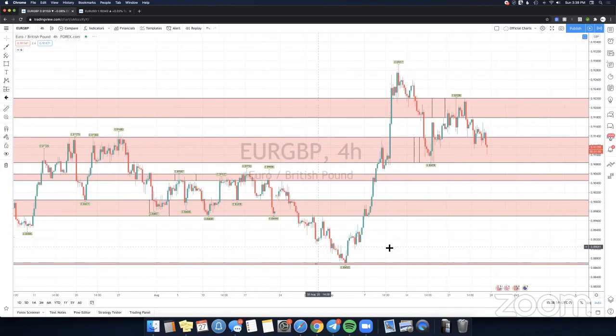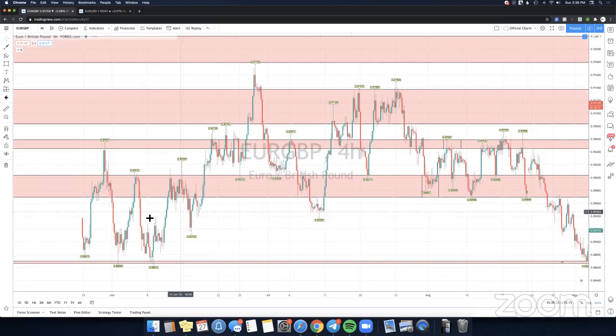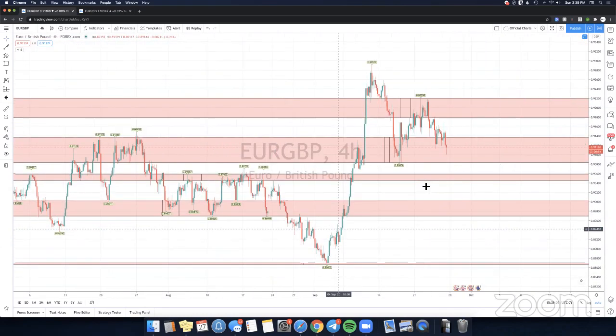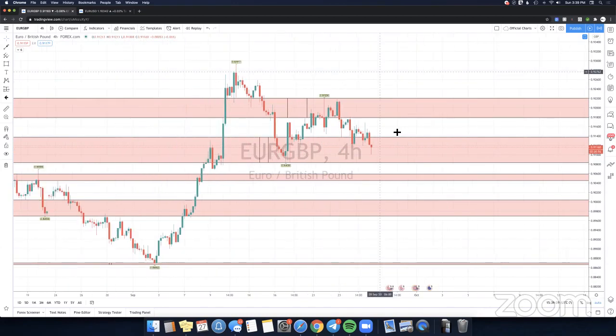All right, cool. So you can see right here, this is a little bit cleaner. You can see that EG respects these zones pretty perfectly. So it's a lot smoother compared to the other Euro pairs. But this upper zone right here, actually, I'll just give you this zone because if price breaks this area right here, we can pretty much ride this up to this zone over here. So this zone right here, the upper zone is going to be 0.9138.